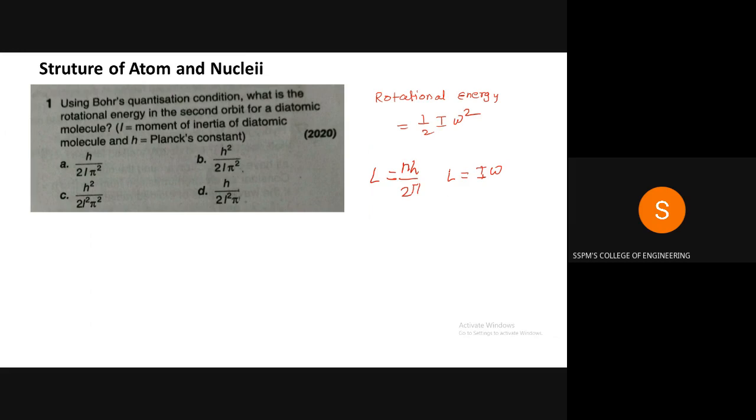So if we are substituting L equals nh upon 2 pi, then what is the expression for the second orbit? Let us see, n equals 2, second orbit for a diatomic molecule. I is moment of inertia, h is Planck's constant, n equals 2.